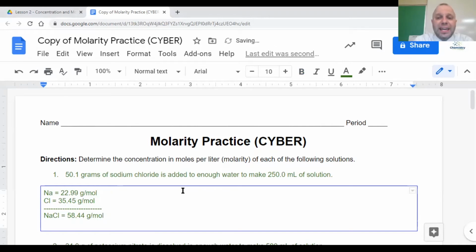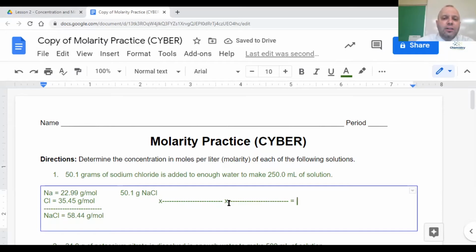Now, we're going to begin with the 50.1 grams of NaCl. We're going to need two different fractions in our problem, just like in our example problem, in order to convert into moles per liter. So I'm going to set up my two ratios first.